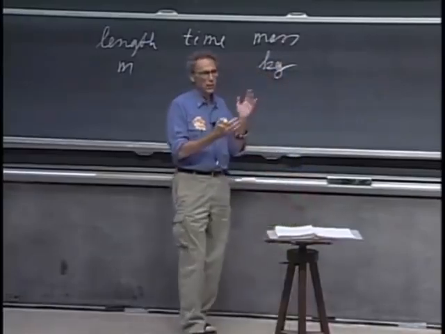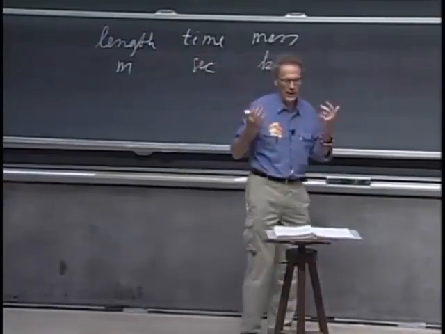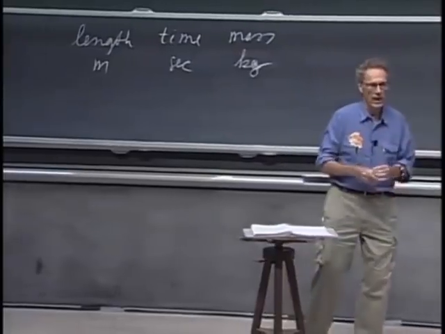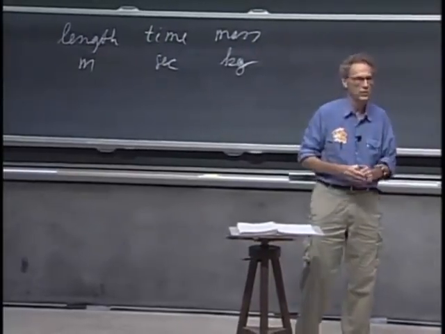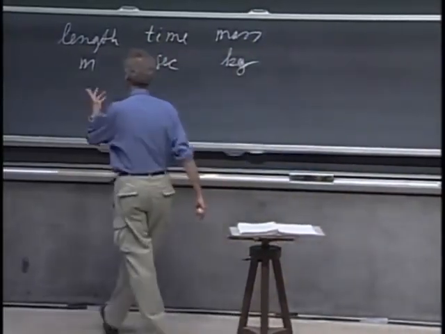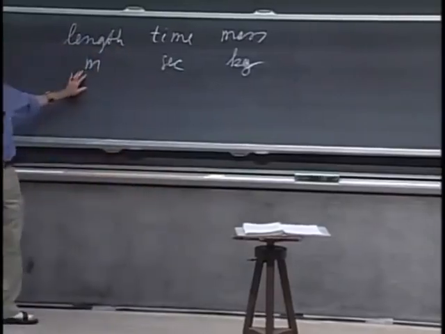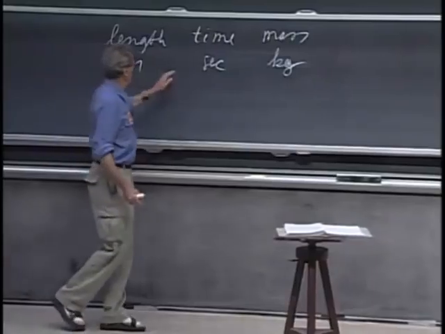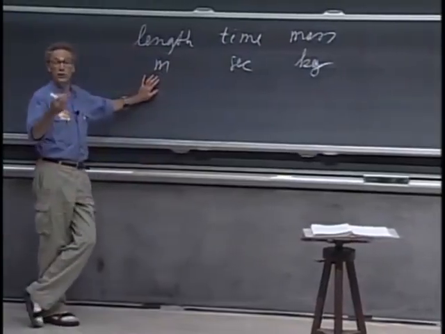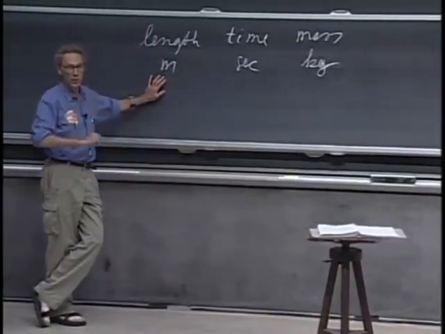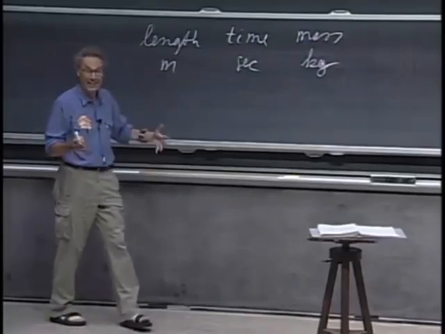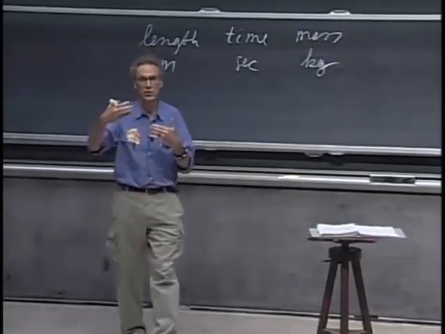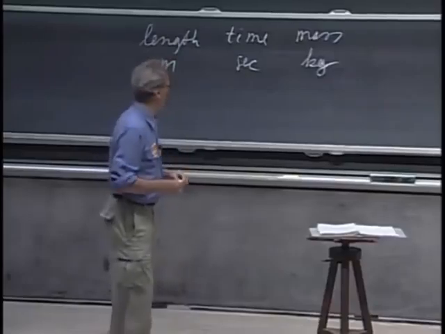Now, there are many derived units which we use in our daily life for convenience, and some are tailored to specific fields. We have centimeters, millimeters, kilometers, inches, feet, miles. Astronomers even use the astronomical unit, which is the mean distance between the Earth and the Sun, and light years, which is the distance that light travels in 1 year.